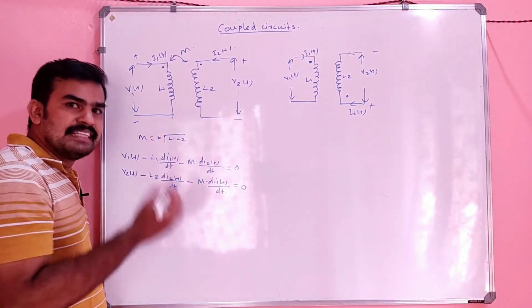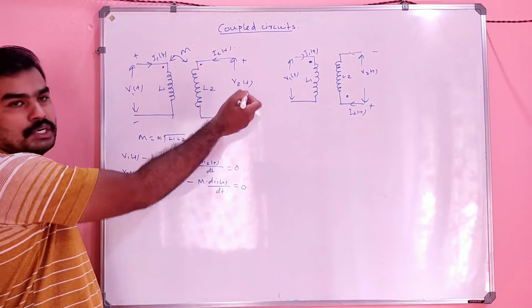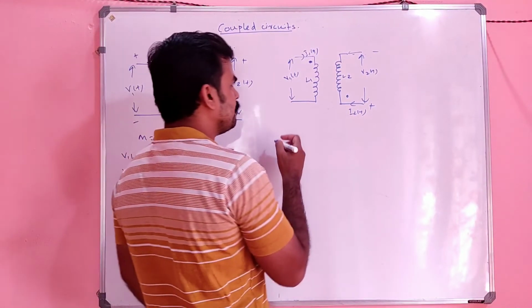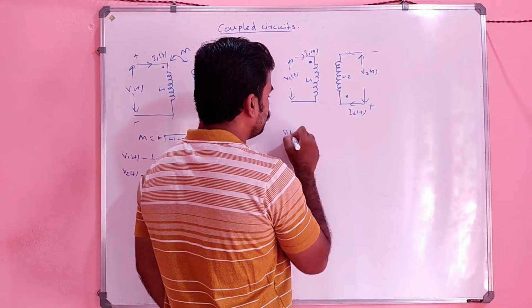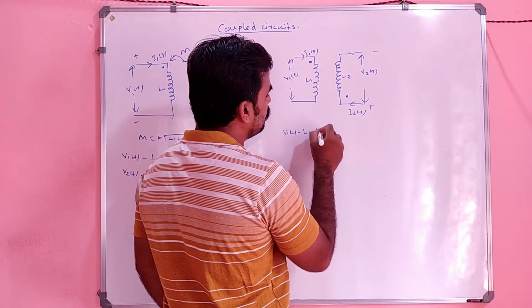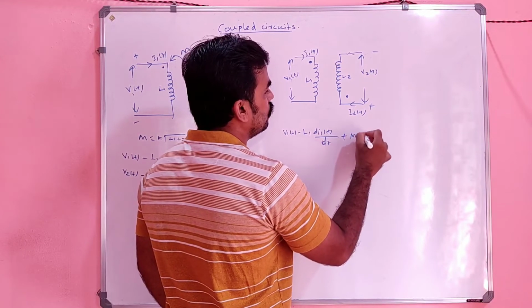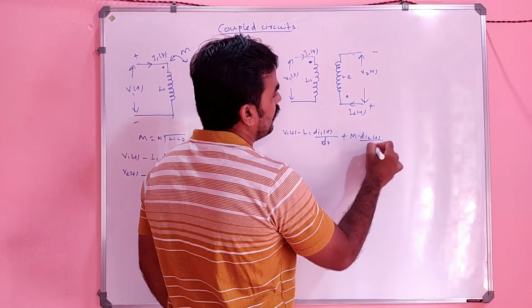If the dot is changed from this diagram to that diagram, what change in the equation do we have to see? With respect to V1 of t: V1 of t minus L1 into dI1 of t divided by dt plus M into dI2 of t divided by dt. That is the difference.